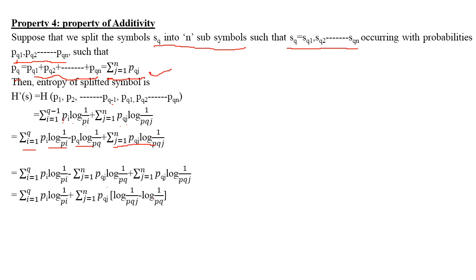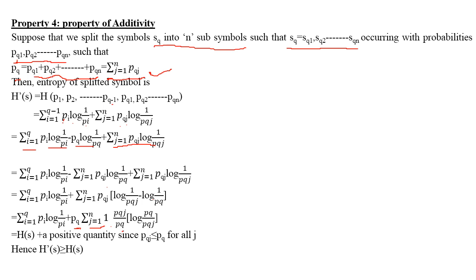As log a minus log b is log a by b, we'll substitute it here. So we are going to get the first term as it is, summation i is equal to 1 to q of pi log 1 by pi, plus pq as a common term which we'll take outside, summation j is equal to 1 to n of pqj by pq log pq by pqj.